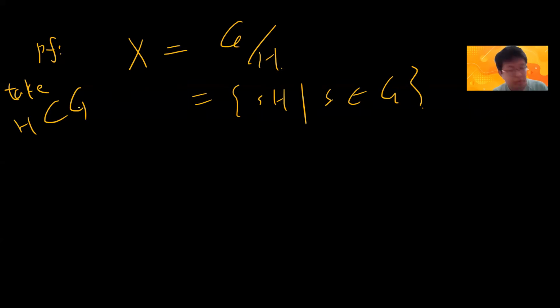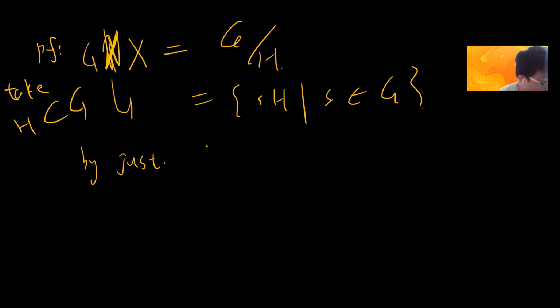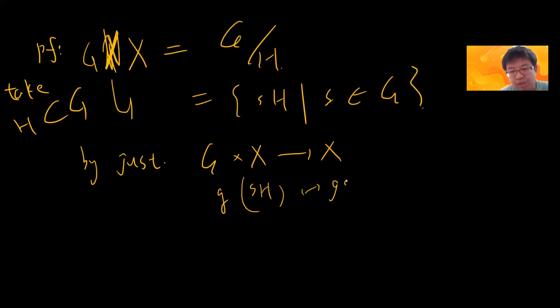Before I give the group action, let me quickly compute the normalizer, which will not be difficult. G acts on X as follows: for g in G and sH in X, g acts on sH by mapping sH to gsH.